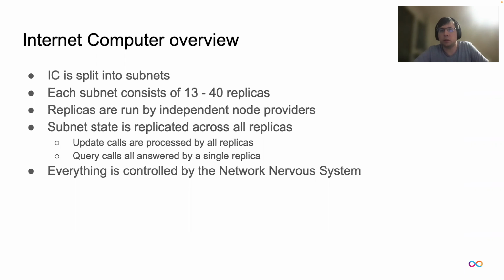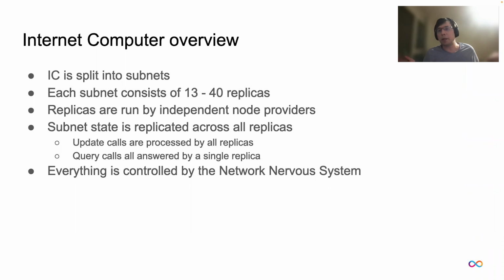So for the subnet state, I'm mostly going to be talking about the subnet state singular, but as a mental model, it might help to just think of it as the collection of the states of the canisters that are on a subnet. So it contains the WASM memory and the stable memory of every canister. That's the main part of this subnet state.